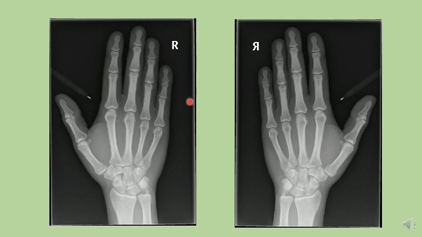It belongs to the right hand. It is not a photograph. It is like a negative of a photograph which can be seen from either side, but the side has to be determined by the lead letter which is kept by the side of the limb on the film before taking the X-ray.